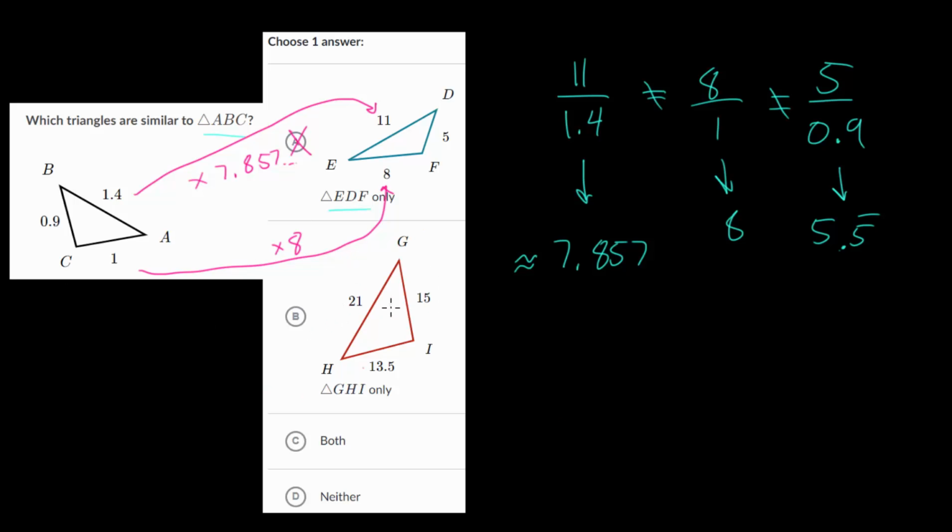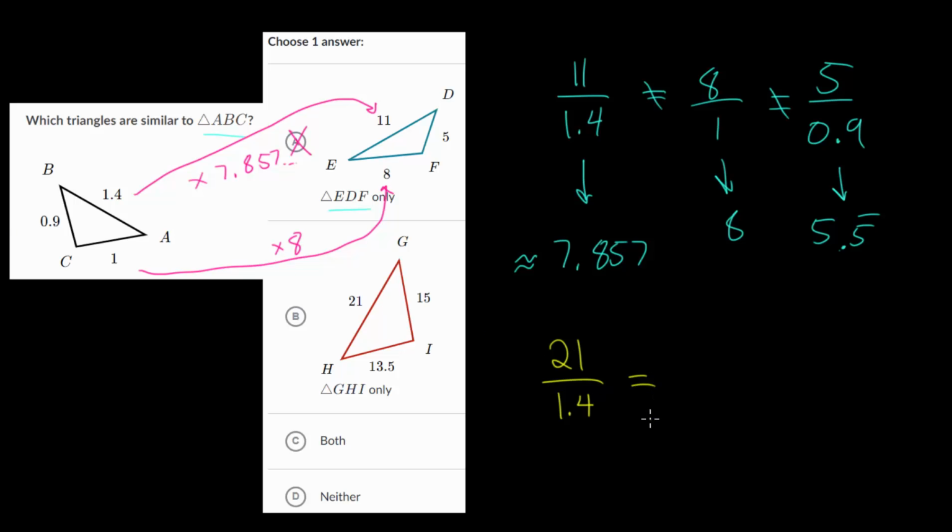And with that in mind, let's try choice letter B here. We can again compare the long sides. We can take the long side here, which is 21, and look at the ratio of that side to the long side here. Or we're essentially looking at the quotient of the two long sides.